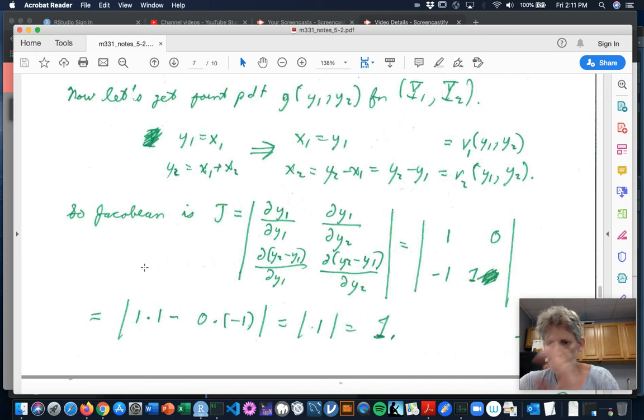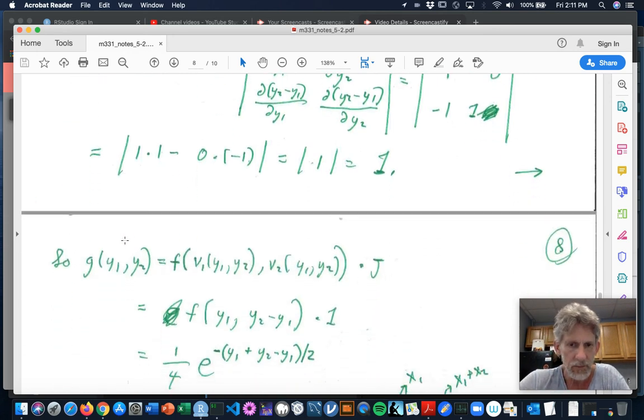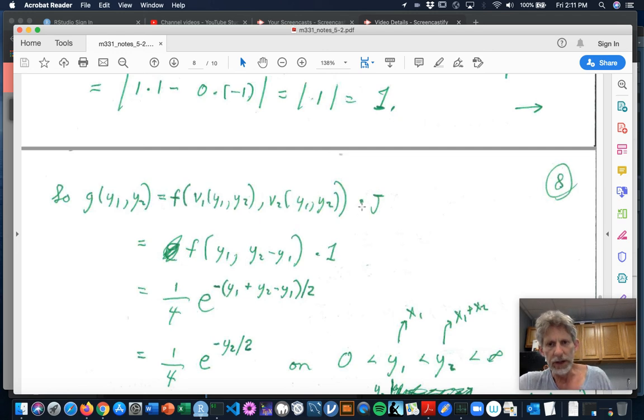I shouldn't have stuck the absolute value in there at the end. I should have stuck it right here. So I am going to make that change. Change made.